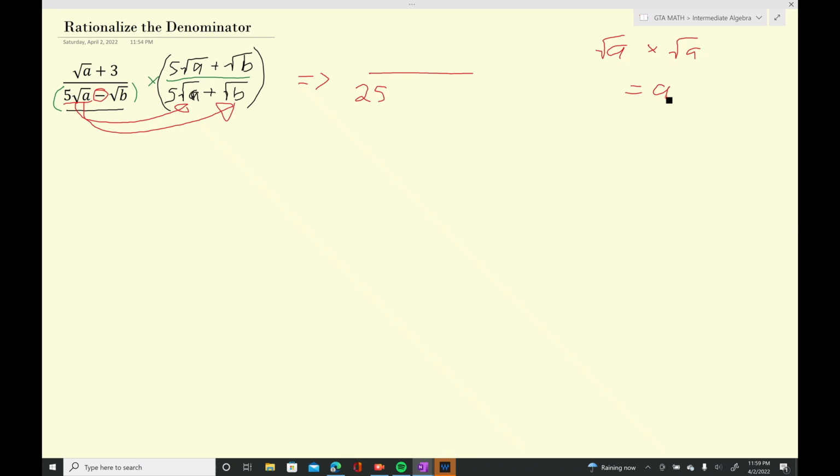If you want me to explain it, whenever you have the same base and the same index, when you multiply two radicals, they cancel each other out. This is really a to the 1/2 times a to the 1/2. When you multiply things with the same bases, as I've done in another video, you add the exponents.